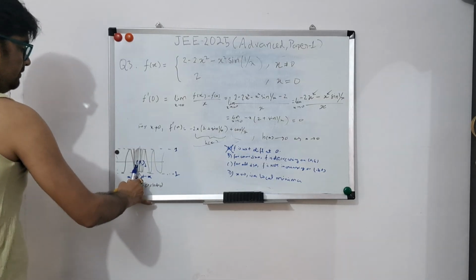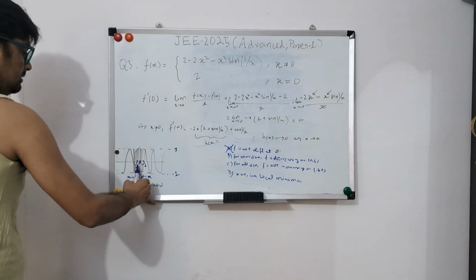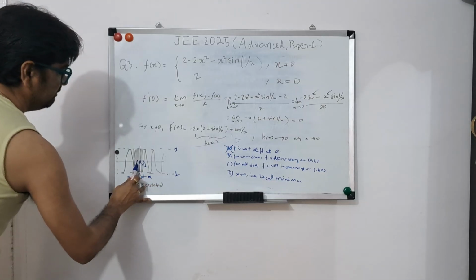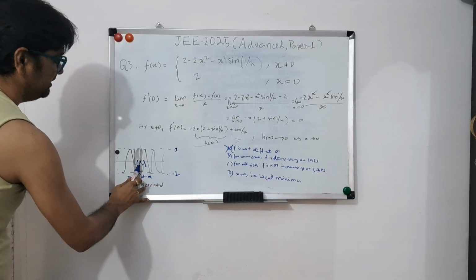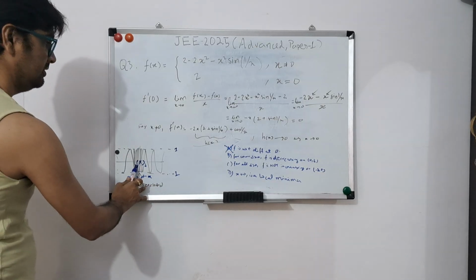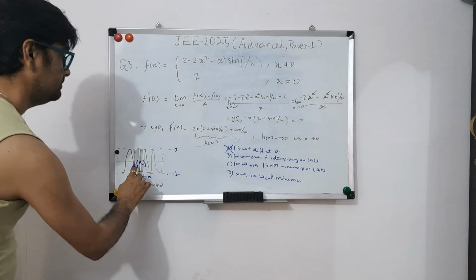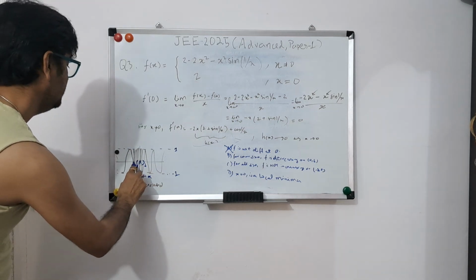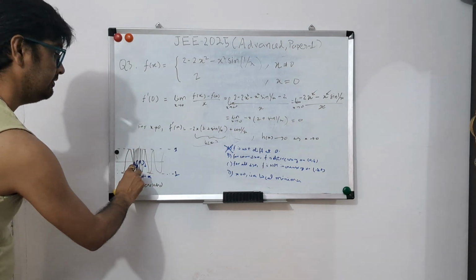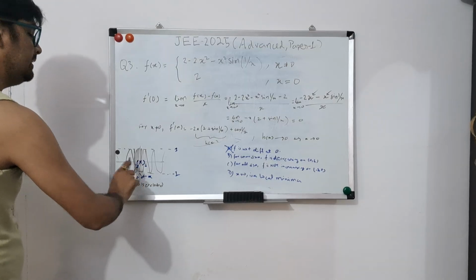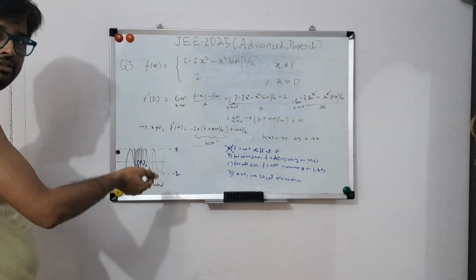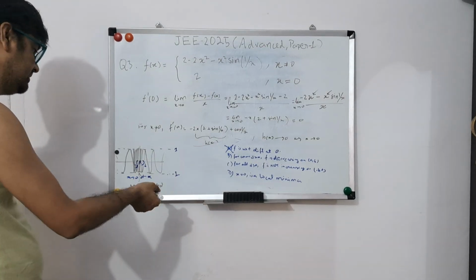Similarly, for some delta on this interval minus delta to 0, the function f is neither increasing nor decreasing. So on this interval minus delta to 0, the function f is not an increasing function.